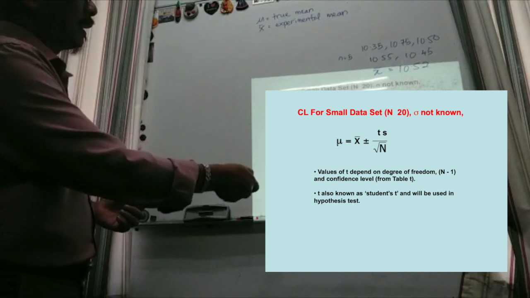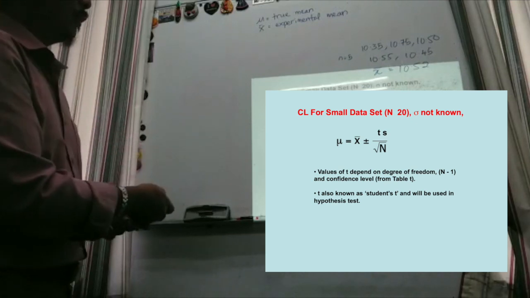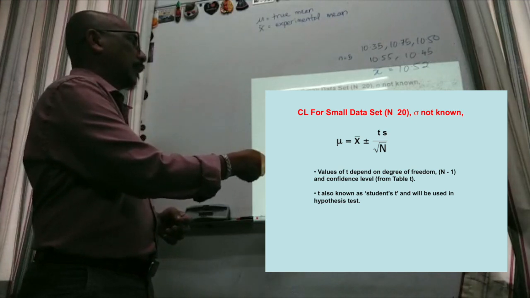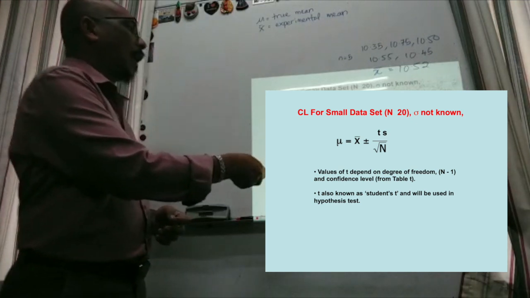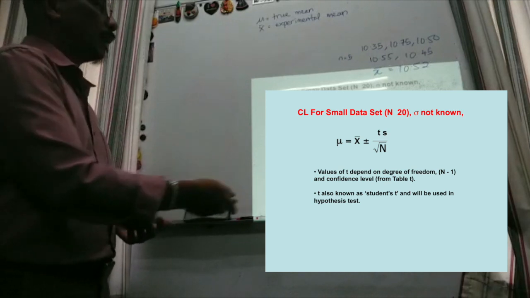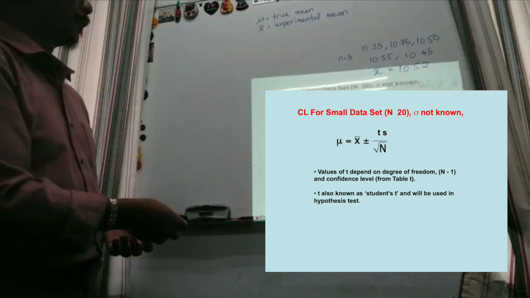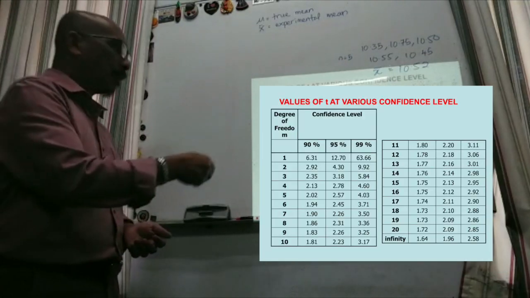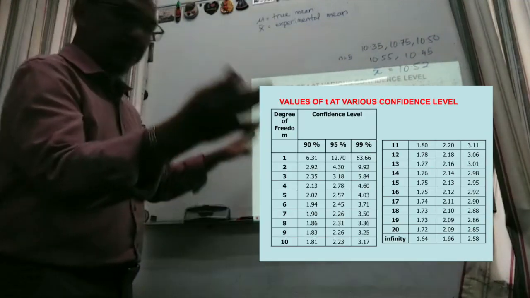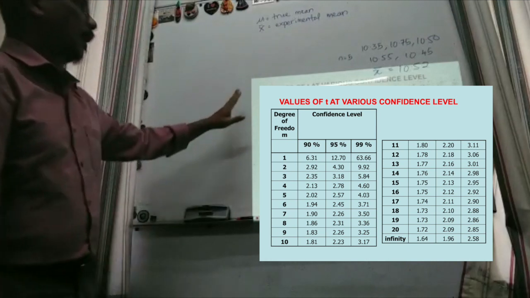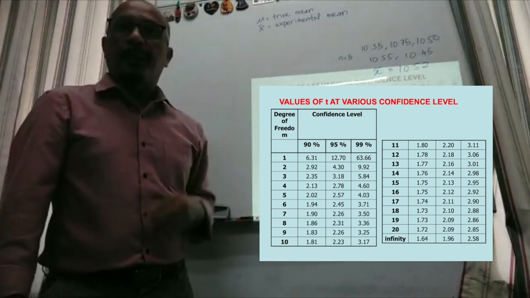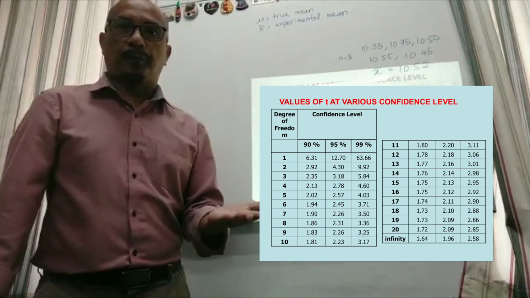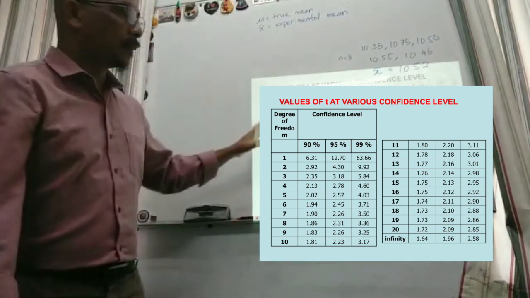So in order to calculate the confidence interval, we have to get the value of t here. How to get the value of t? From the t table. You must remember, this is the revision from the notes. If our replicate is 5, what is the t value from this table?